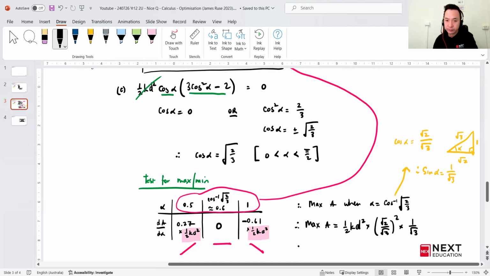So therefore max area is, what's that? 2 on top cancels out the half. 3 root 3 on the bottom, is that right? Yeah, so final answer: kd squared on 3 root 3 units squared.